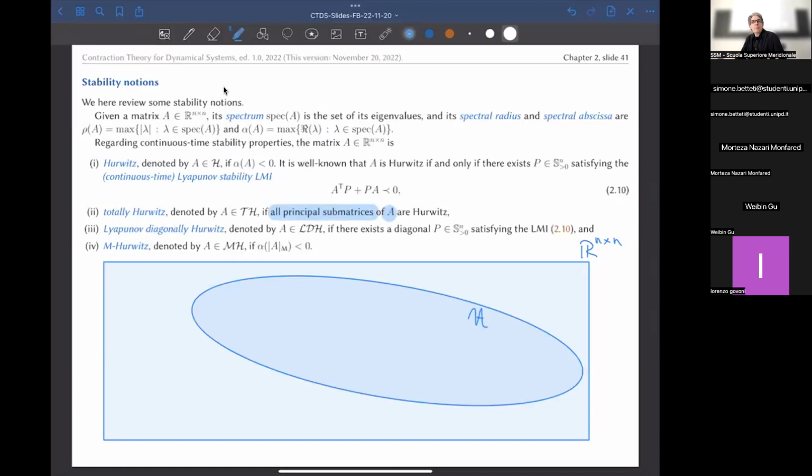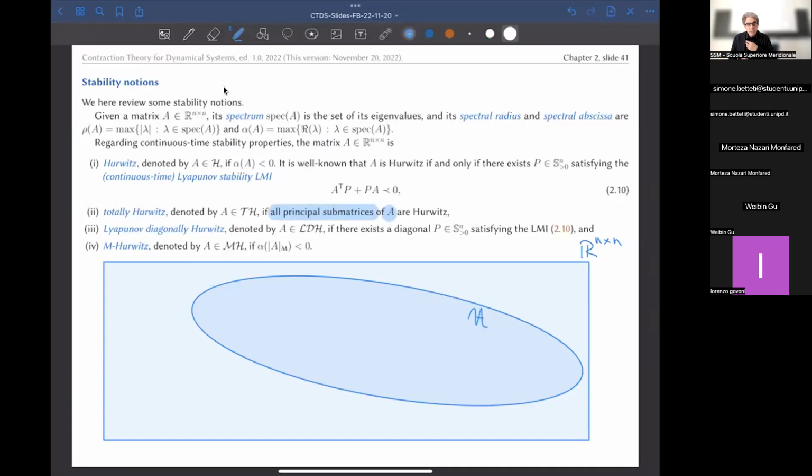That is a principal submatrix of size n minus 1. I look at all possible submatrices of any size. I could remove 1 row and column, or 2 rows and 2 corresponding columns. It's principal because for each row you remove, you remove the same column. Otherwise, it would be a submatrix. But no, I'm interested in the principal submatrices only.